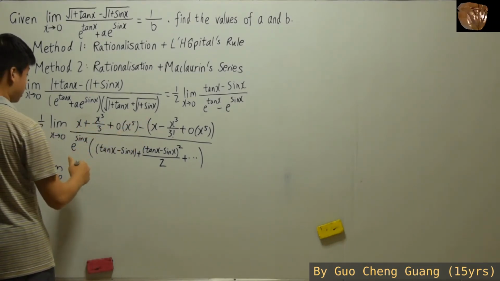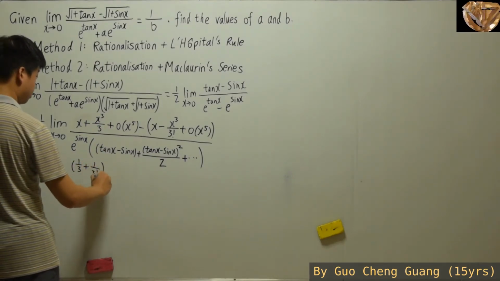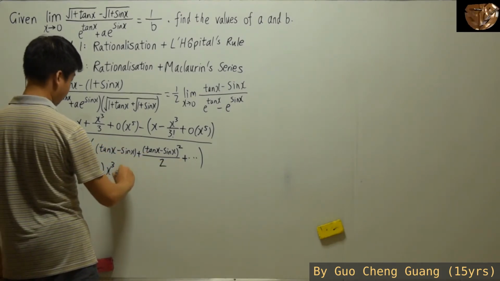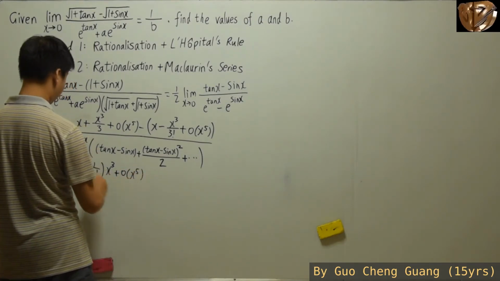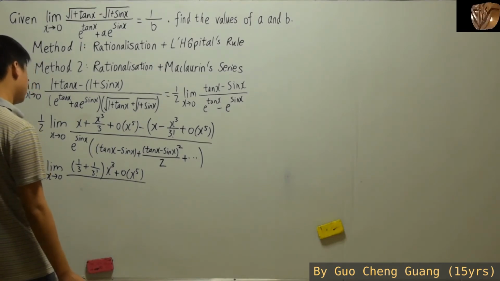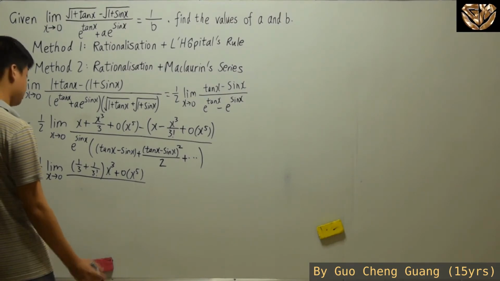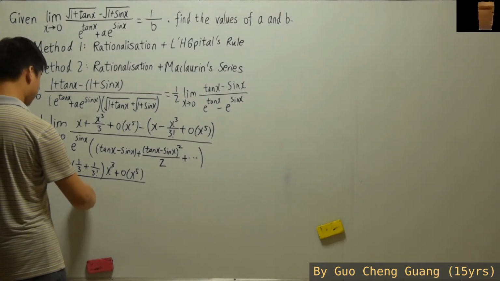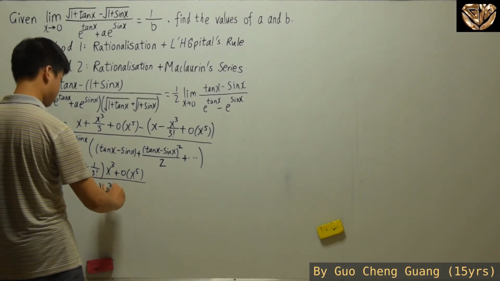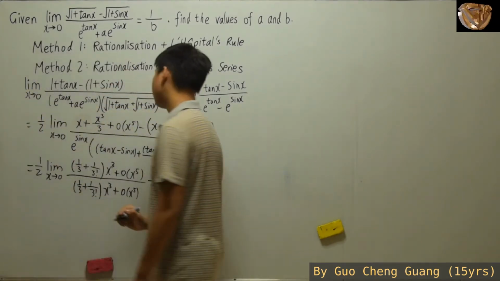You can put the x cubed terms together, and you have 1 over 3 plus 1 over 3 factorial times x cubed, and then all the other higher powers of x. This is divided by tangent x minus sine x, where you can do basically the same thing, so it will be from what we have gotten before: x cubed, plus little o notation x to the power of 5, and so on.